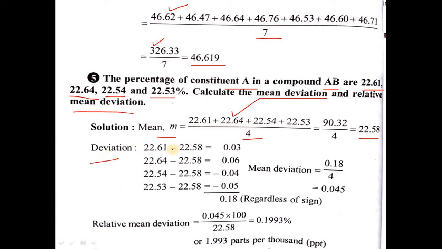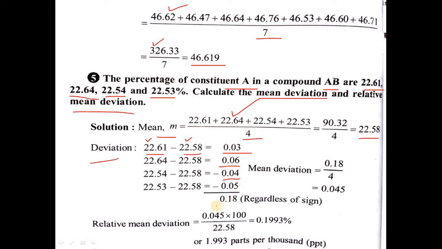So now the deviation from the mean for all the values. The mean is 22.58, and the first value is 22.61. So the first difference is 0.03, the second difference 0.06, the third value minus 0.04, and the last value minus 0.05.